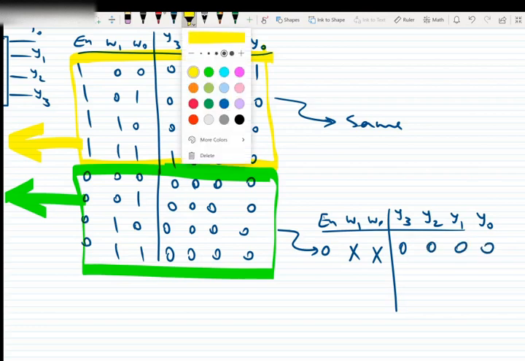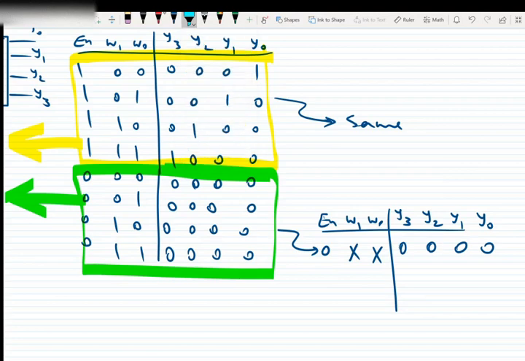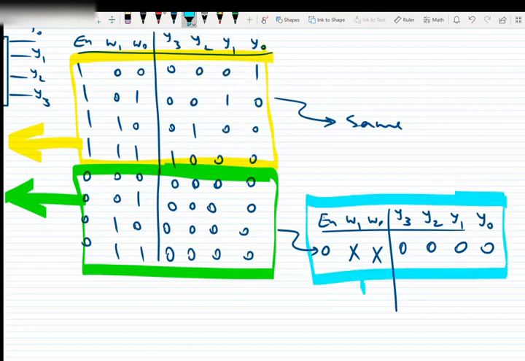So we can simply replace the green area with this summarized blue area.